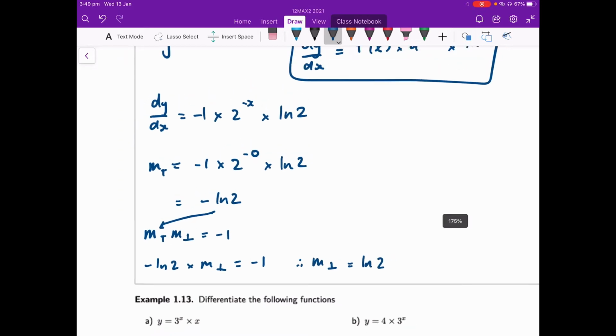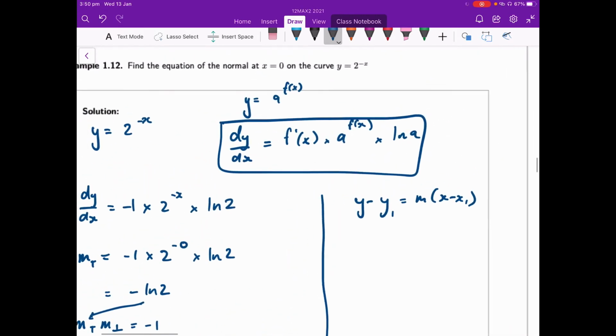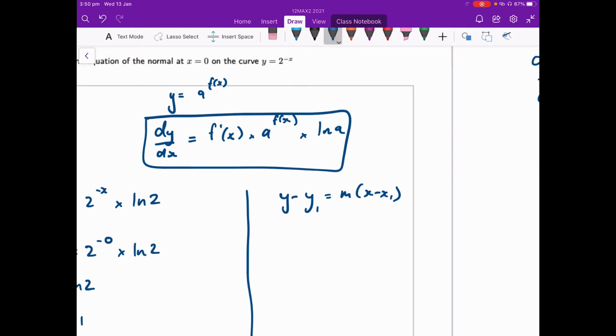Brilliant. Now let's put this into our point and gradient formula, which I'm just rewriting here. However, I don't have a y value, so I should sub x equals 0 into the original function, which gives just an answer of 1. So the point will be (0, 1).